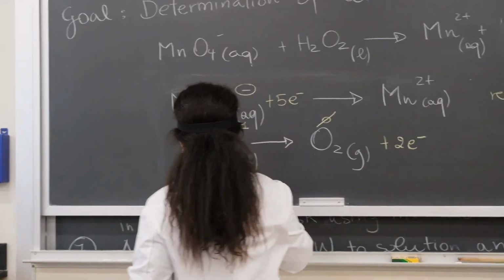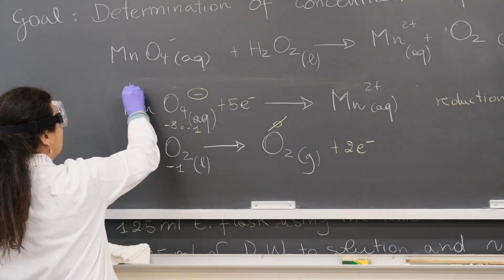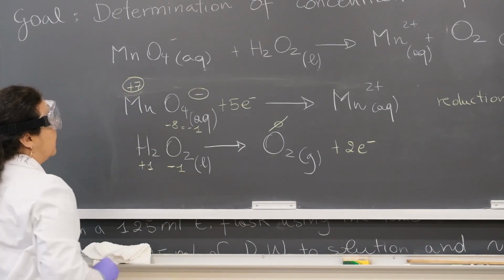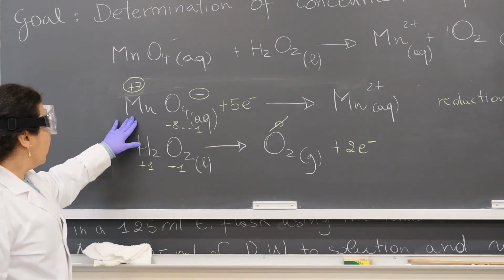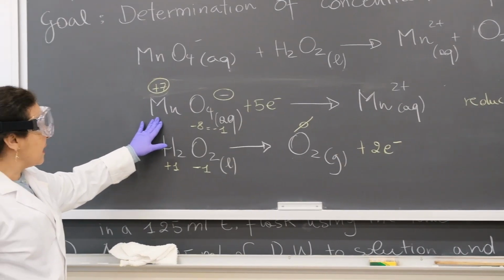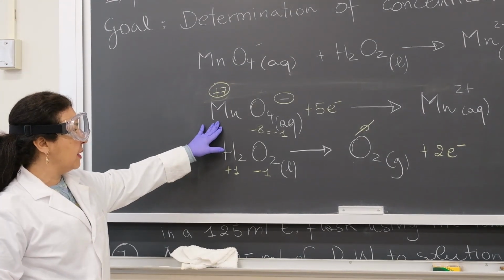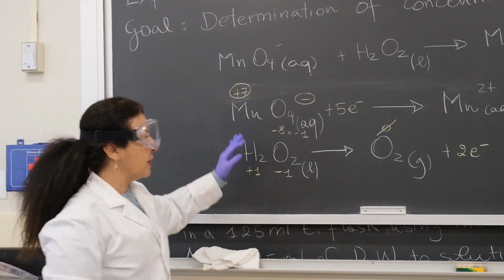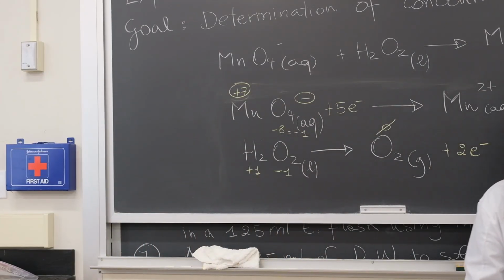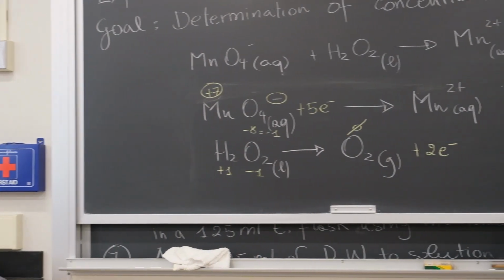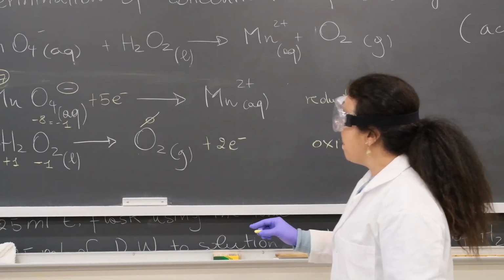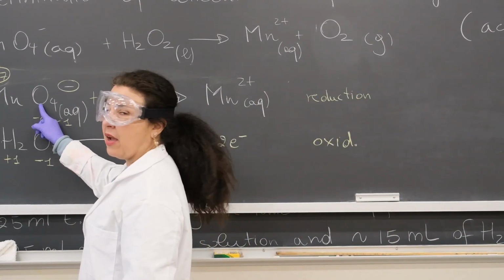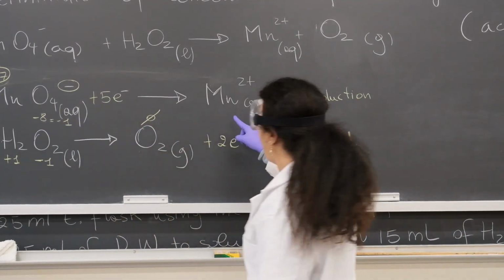We learned the next steps. So +7 is the oxidation number of permanganate. Once we figure out the oxidized and reduced species, so this is the oxidation half reaction, we balance the oxygen using water.